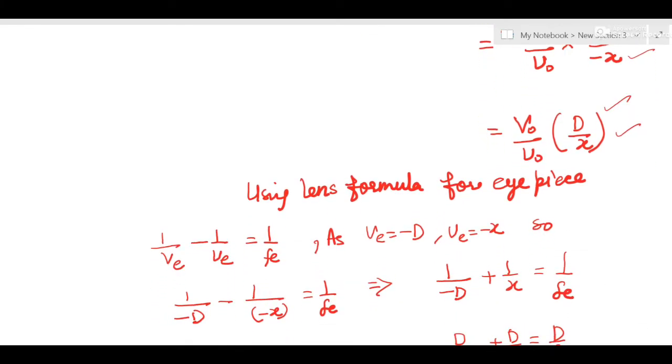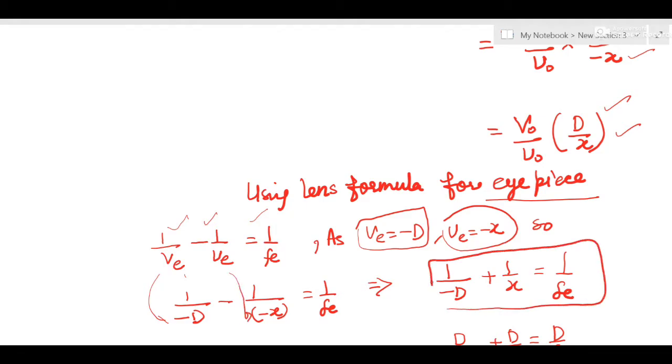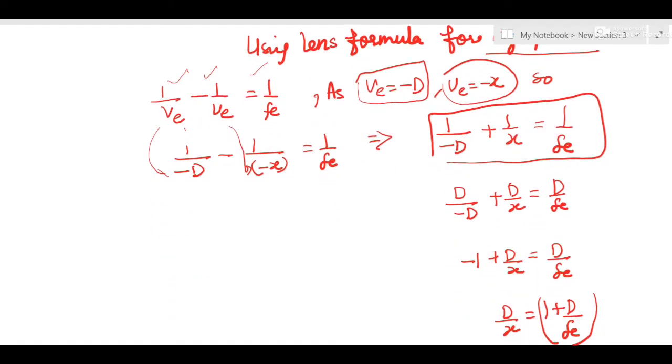Now we are using the lens formula for the eyepiece, so it is 1 by V minus 1 by U is equal to 1 by F. E is denoting the subscript. Again, third or fourth time I am using VE is equal to minus d and UE is equal to minus x. So let us substitute. VE is minus d and UE is minus x, so it came this way. Now I am multiplying both the sides with d.